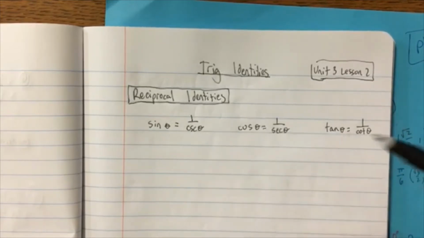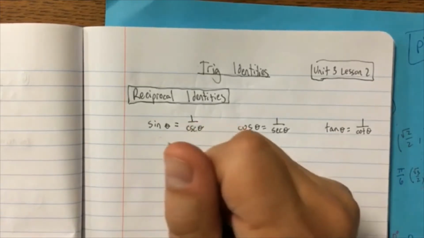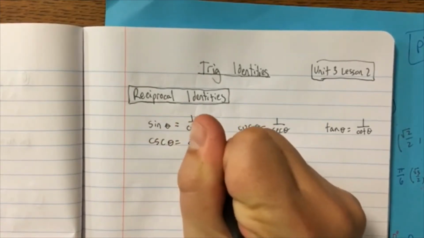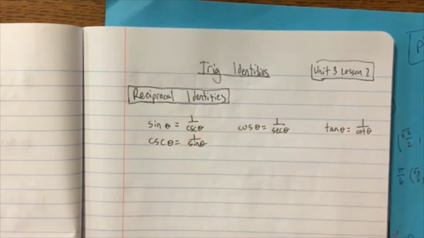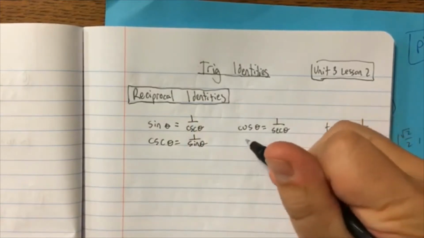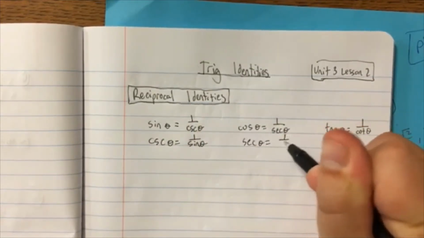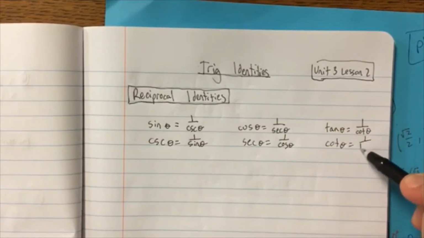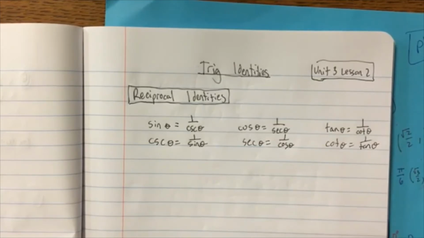So if sine theta equals 1 over cosecant theta, you can also say that cosecant theta is 1 over sine theta. And you can make that statement for each one of these. So secant theta is 1 over cosine theta, cotangent theta is 1 over tangent theta. So you can just think of all of these statements as tools to help you prove other statements.